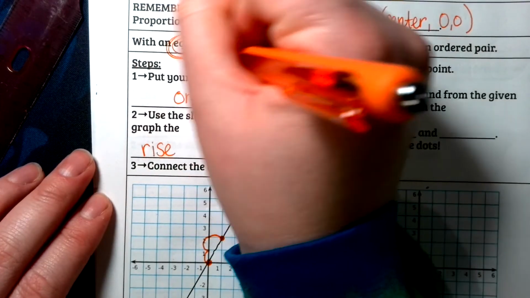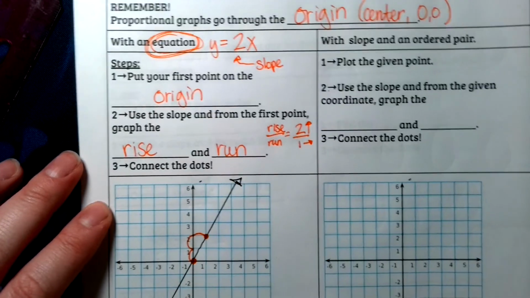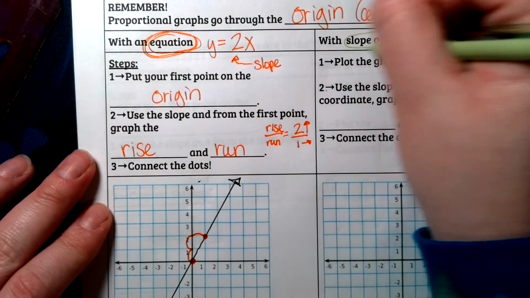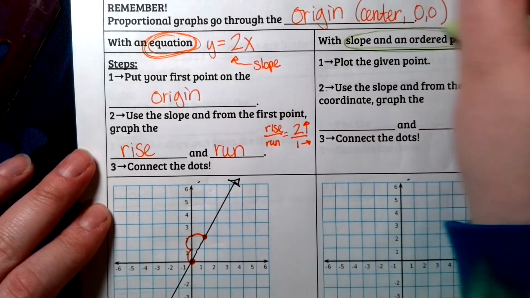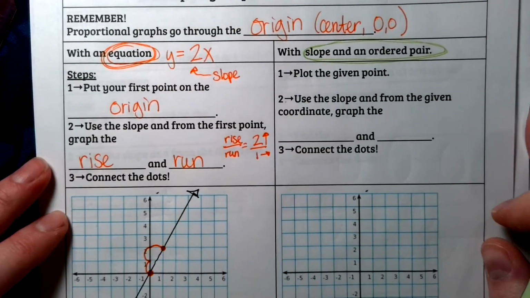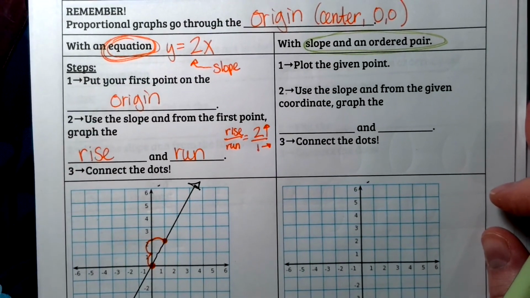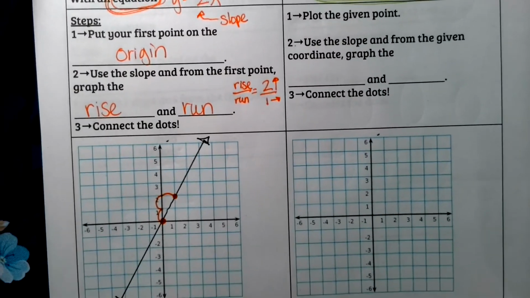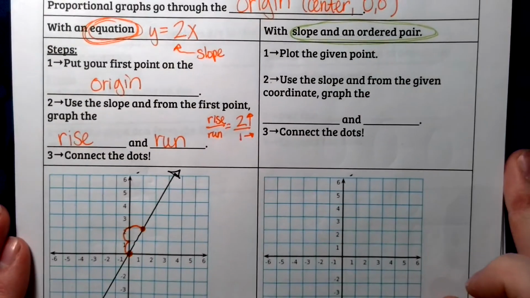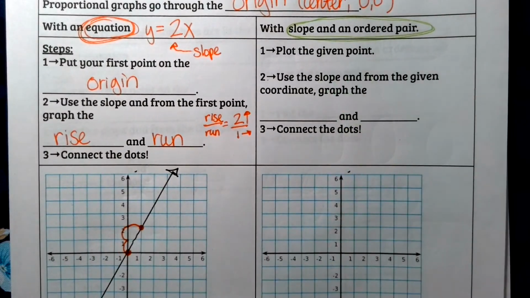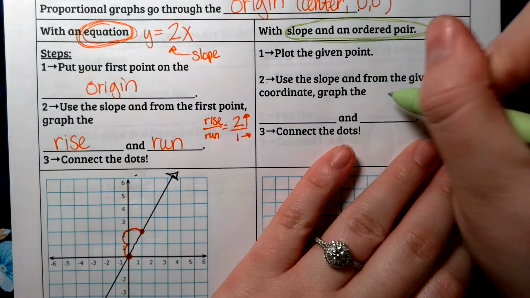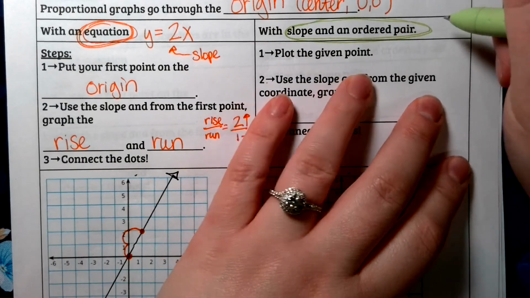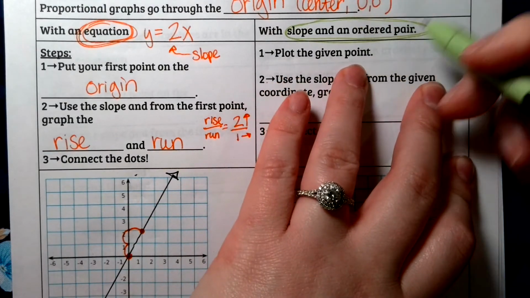Now we're going to do it given the slope and an ordered pair. So the first thing, if I have a slope and an ordered pair, is I need to plot the given point. The ordered pair and the point are the same thing.